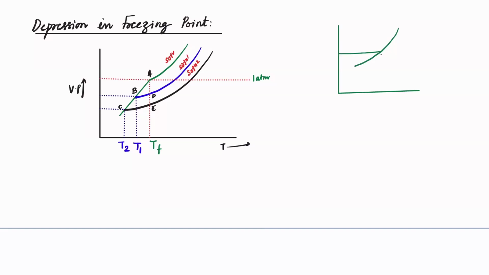This way, okay? Now, suddenly you might wonder, sir, how come 1 ATM line is coming here? Got it? So, my point is, as you start doing it for solvent here, if you go somewhere at this point at 1 atm, you will find this as boiling point.